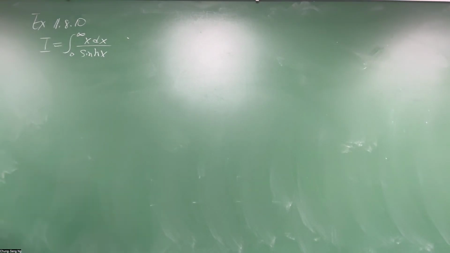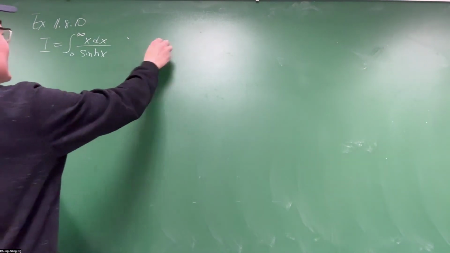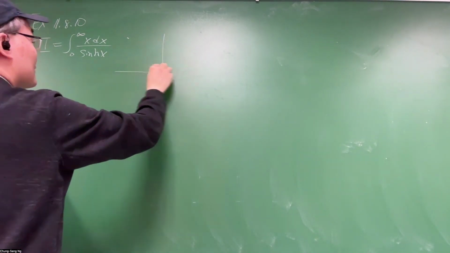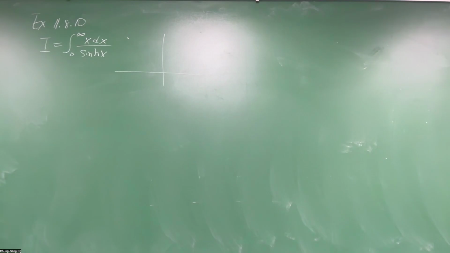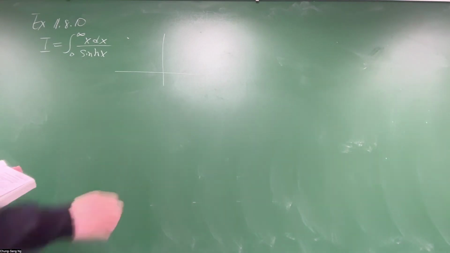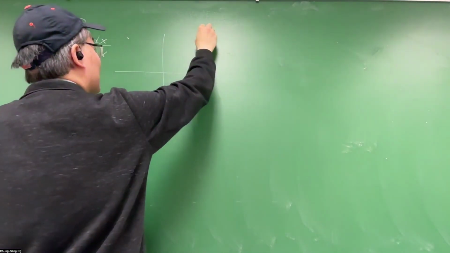So basically, the idea is to use the sinh function, which becomes periodic if you go to the complex plane, to change x to z.